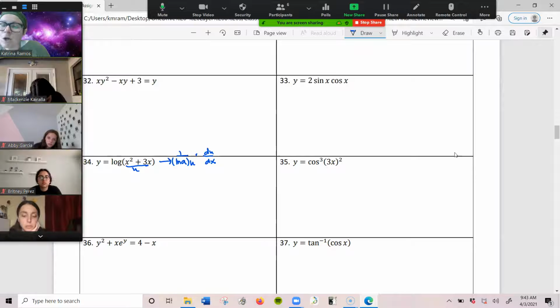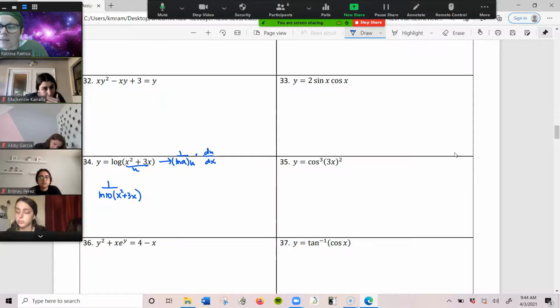Now, if I'm not given a base for log, what is the base? 10. Exactly. So this would be 1 over the ln of 10 times u, which is x squared plus 3x.